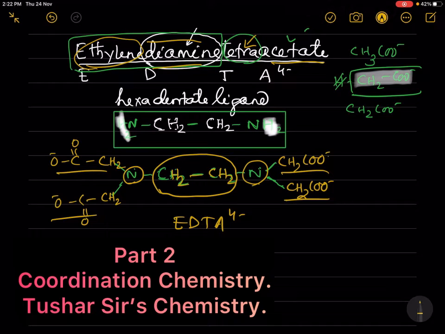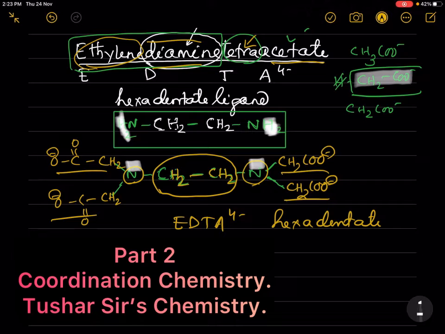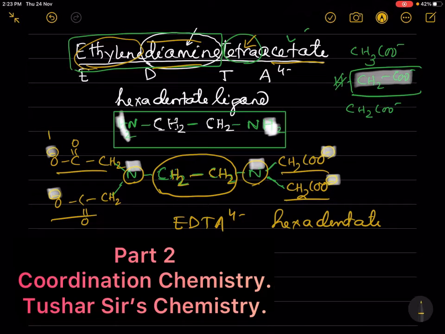Why 4 minus? 4 negative signs are there on 4 oxygen atoms. But it is hexadentate. Why is it hexadentate? As it has 2 lone pairs on 2 nitrogen atoms and 4 minus charges on 4 oxygen atoms. So total number is 6. 1, 2, 3, 4, 5, 6.